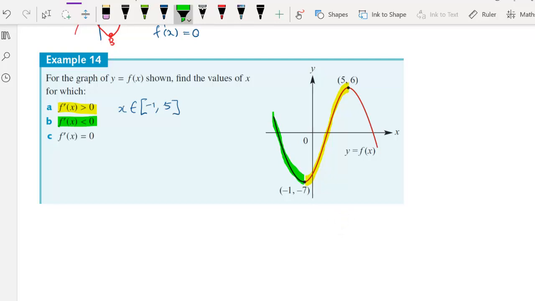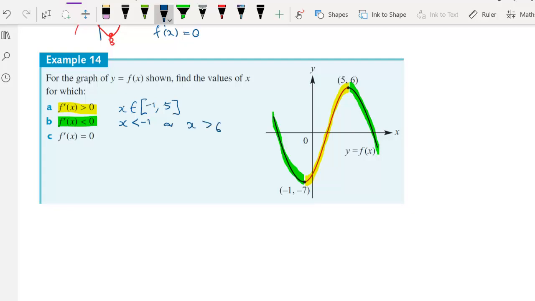We can see that when x is less than -1, and also when it's more than 6, for both these, we've got a negative gradient, it's sloping down. So we can say when x is an element of, sorry, that's probably not the best way to do it, when x is less than -1, or when x is greater than 6.